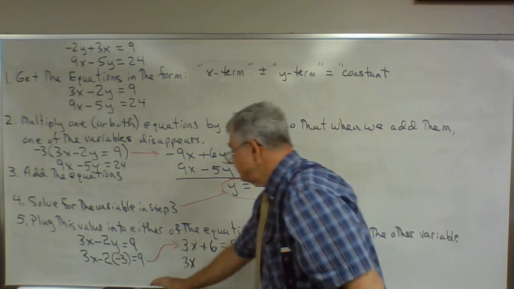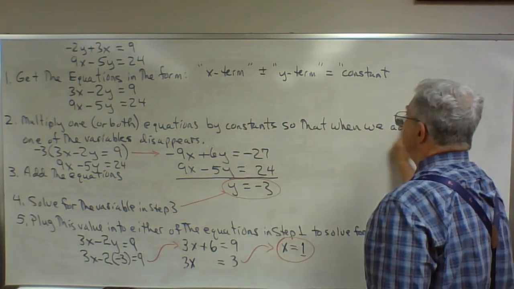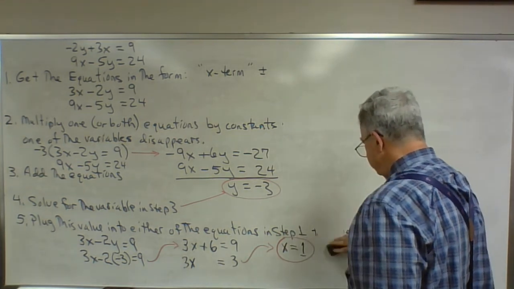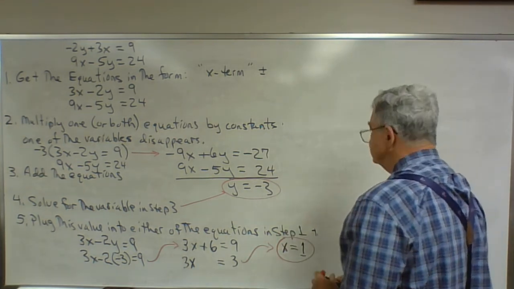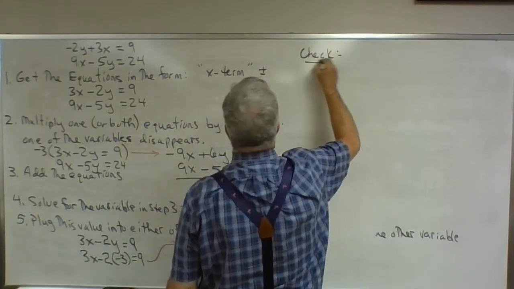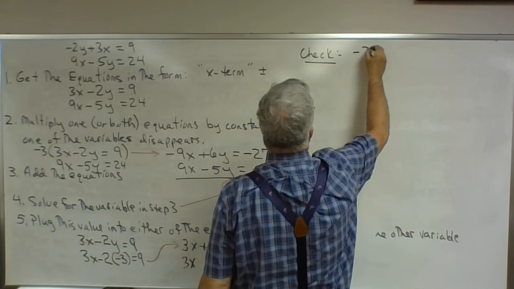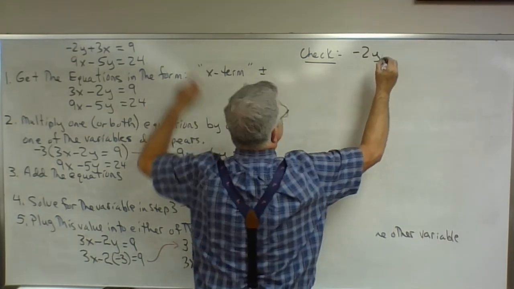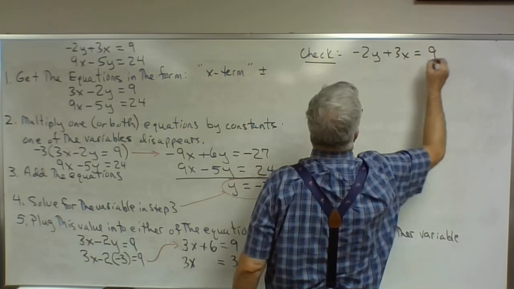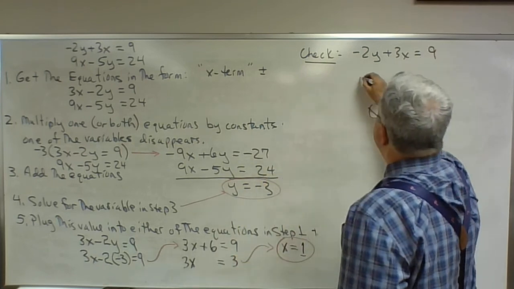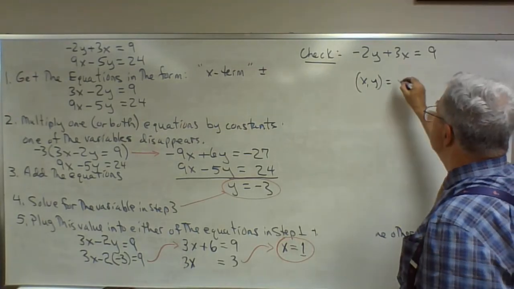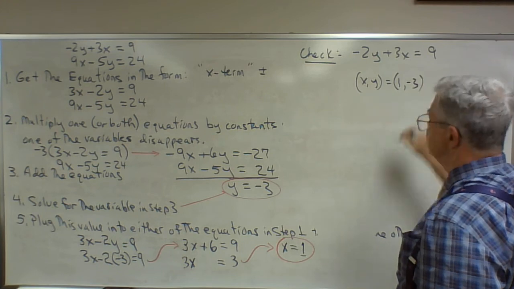Are we right? Well, we're going to have to check. Negative 2y plus 3x equals 9, let's see. x, y equals 1, negative 3.